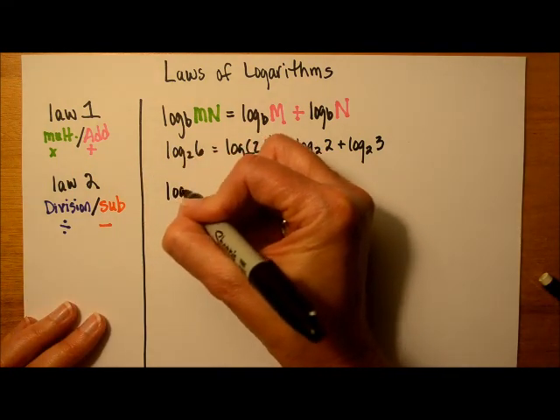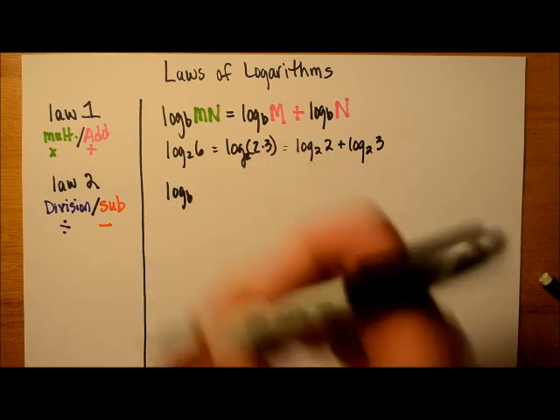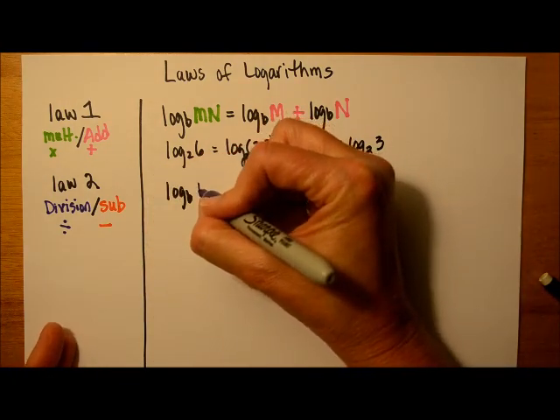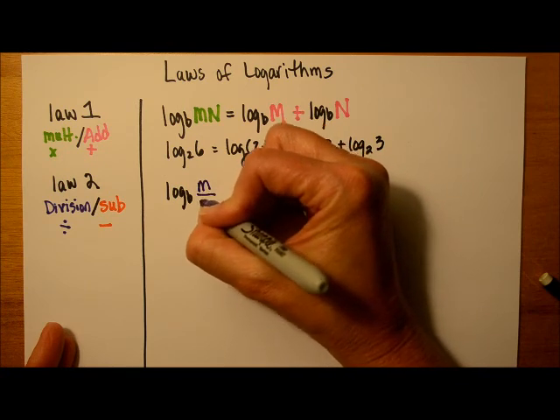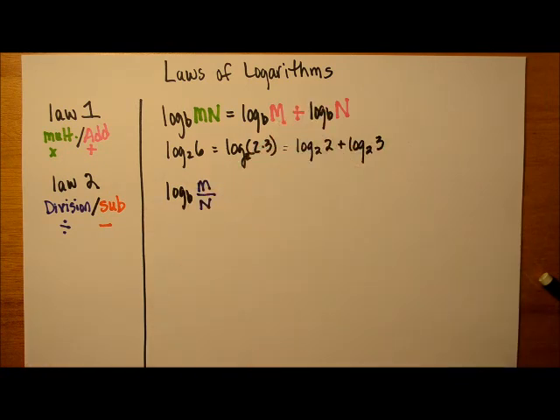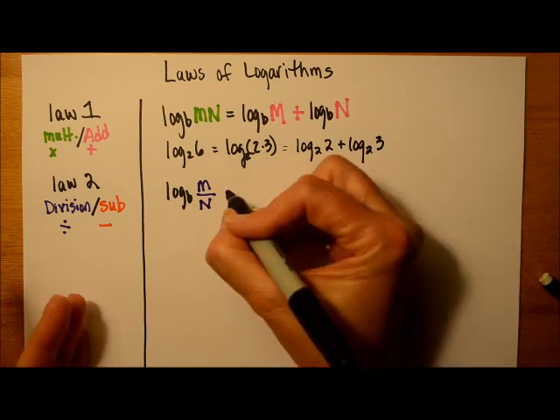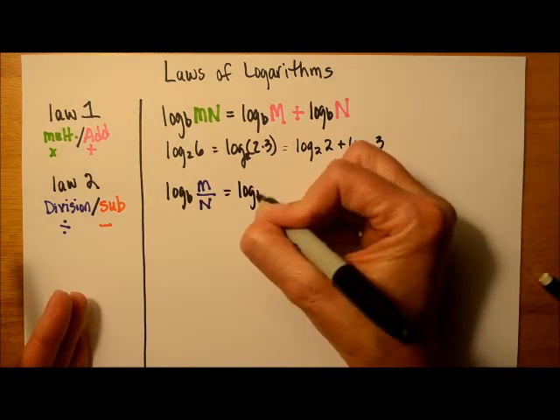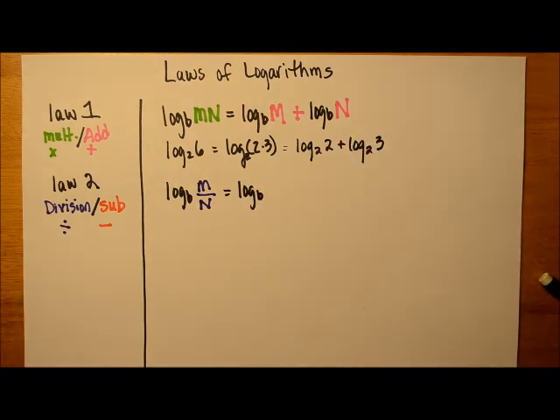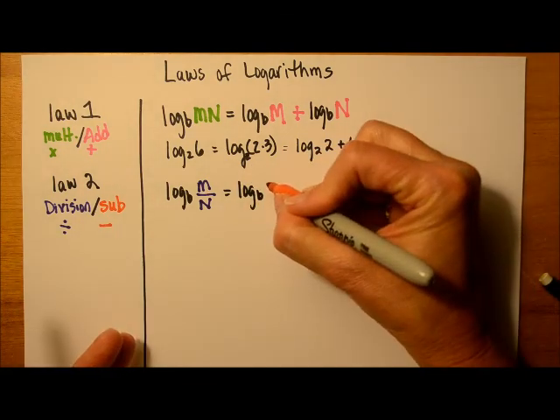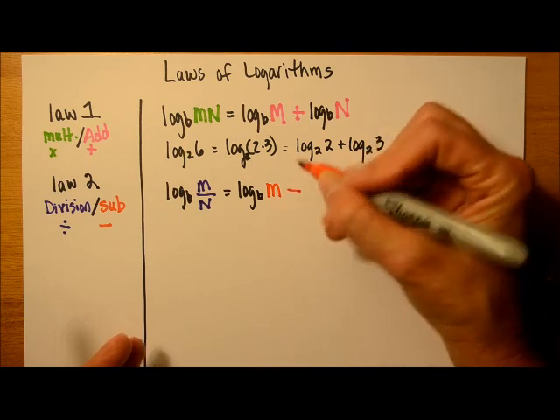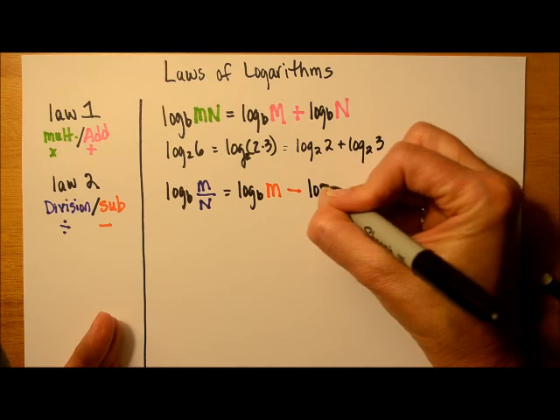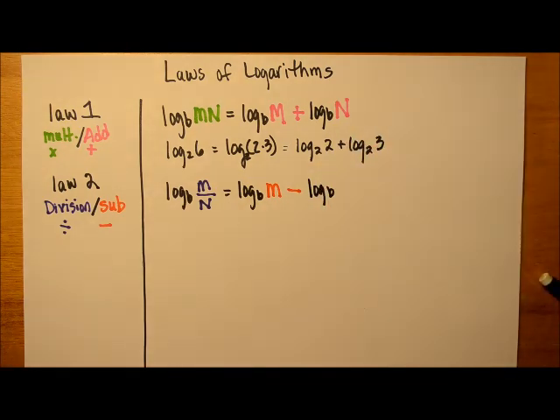Okay, and this is the deal on that. Log base b of m over n equals log base b of m minus log base b of n.